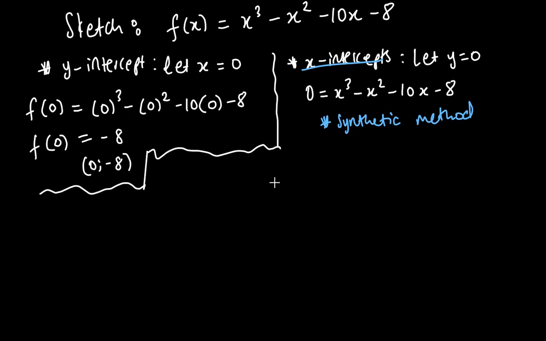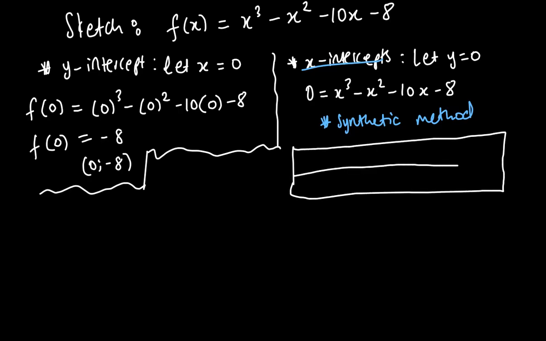So this is what I first do when I want to apply the synthetic method. I make a table, and on my table I have x and y. Then I close my table.